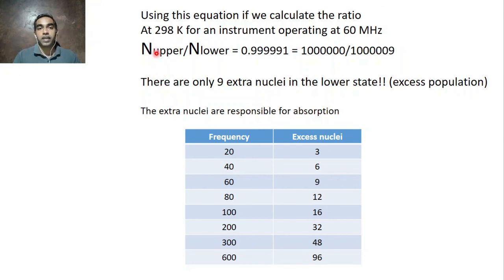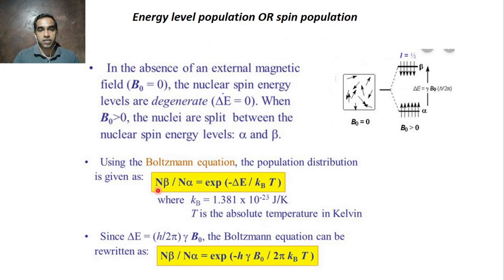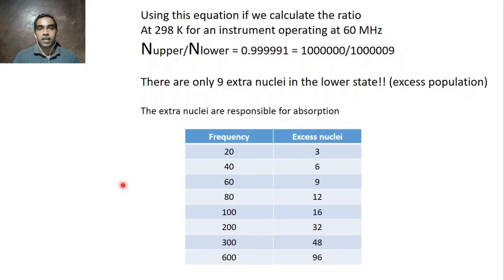You can calculate based on the Boltzmann equation: N upper divided by N lower is 0.991. That means there are only 9 extra nuclei in the lower state, an excess population. The extra nuclei will be responsible for absorption. Whatever extra nuclei are present in the lower state, they will be responsible for absorption. Then only absorption will take place and they will go to the higher level.